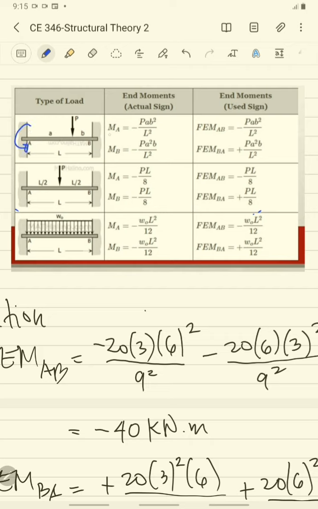So this is our assumption that the moment AB is counterclockwise, so that is negative, and the fixed end moment BA is clockwise, and that is positive.